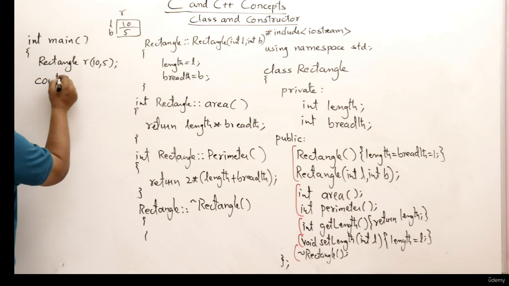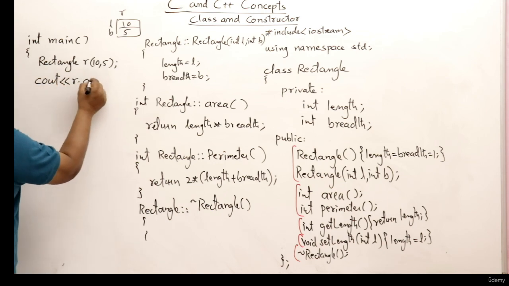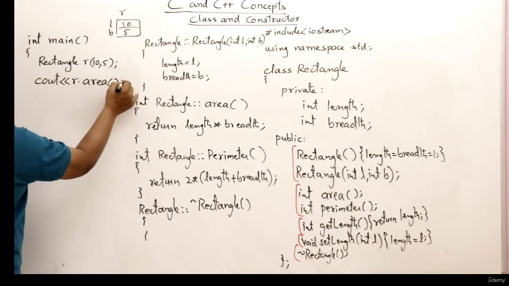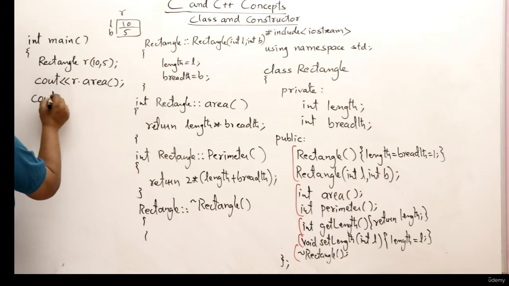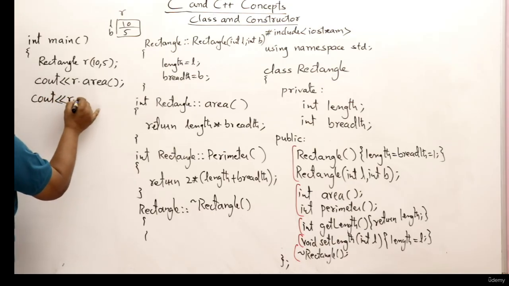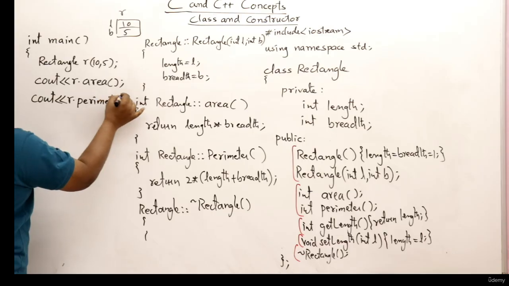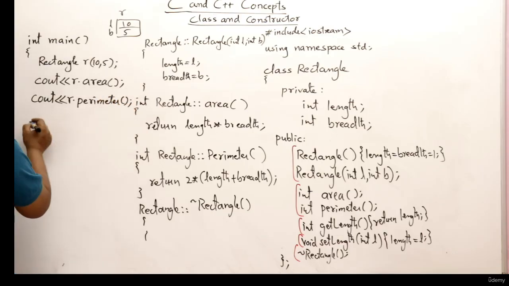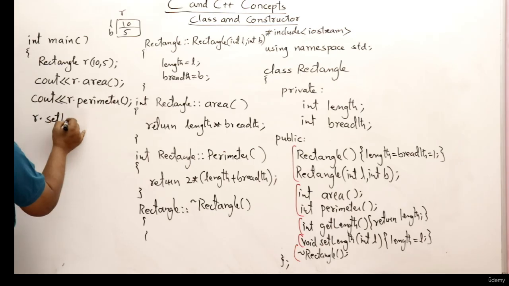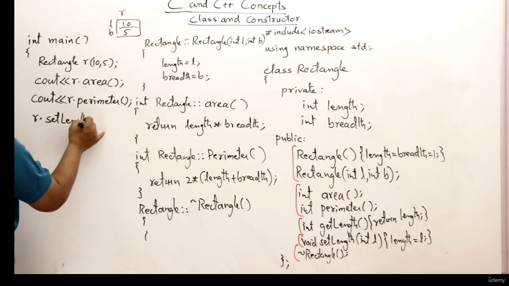So cout r dot area, this will display the area. Cout r dot perimeter, this will display the perimeter. If I want to change the length, I can call the set length function, and I will change the length to 20.